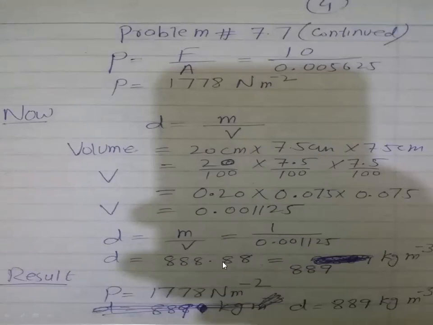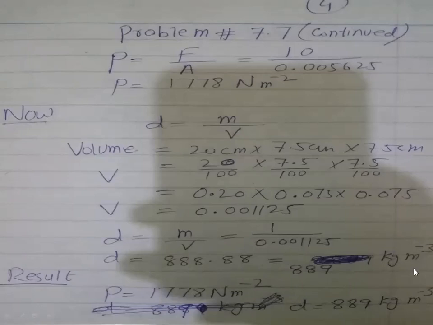If you round this off, you will get 889. And the unit of density is kilogram per cubic meter, because the unit of mass is kilogram and the unit of volume is meter cube. If you shift it to the top, it will be minus 3.